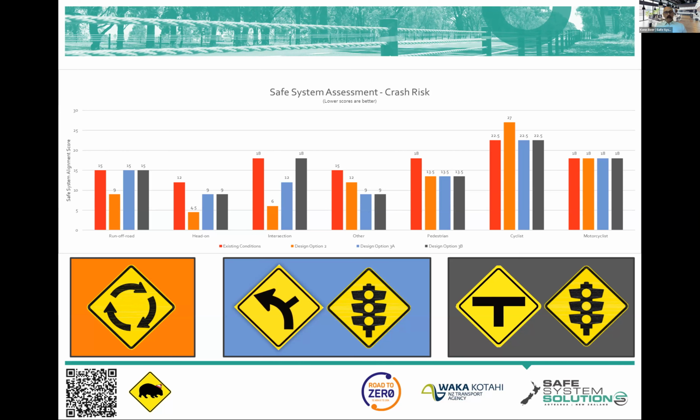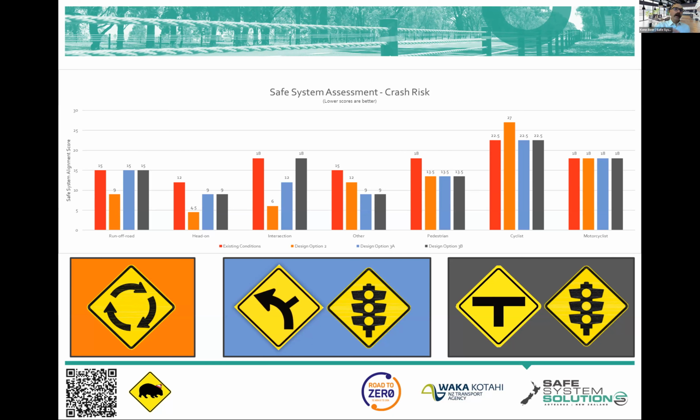So it could be a design that you're looking at and you're saying, okay, how good is this project in terms of those objectives we've got in getting us to an elimination of death and serious injury, and doing the best we possibly can in terms of reduction of exposure and likelihood and severity. And what we end up with is this kind of graph. This is what people are often looking for to get a quick gauge on how well things are going.